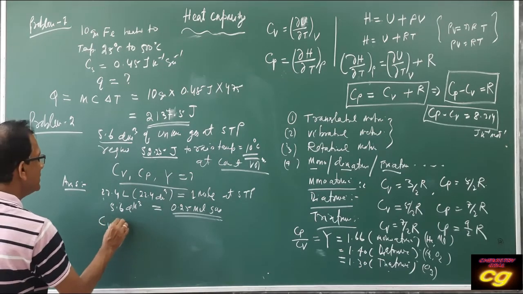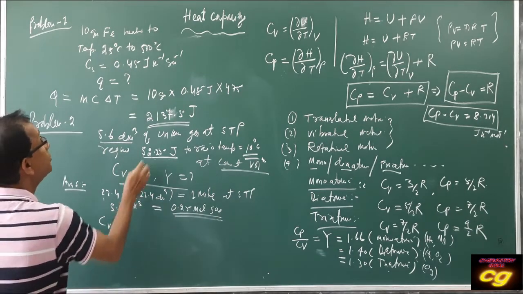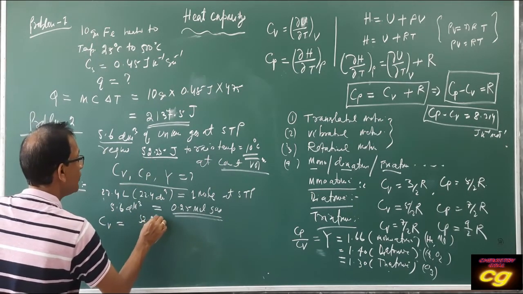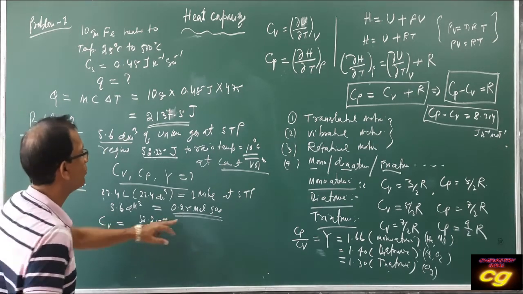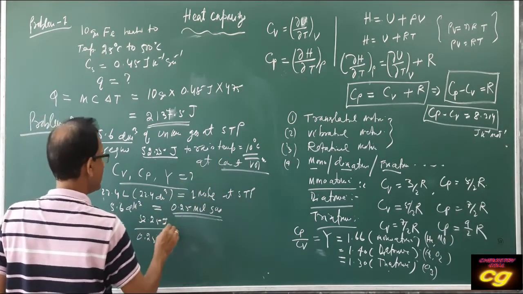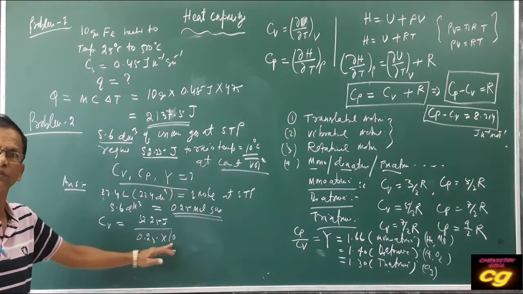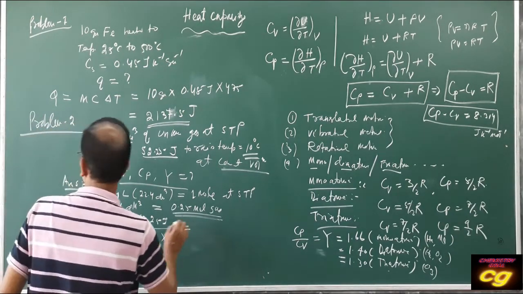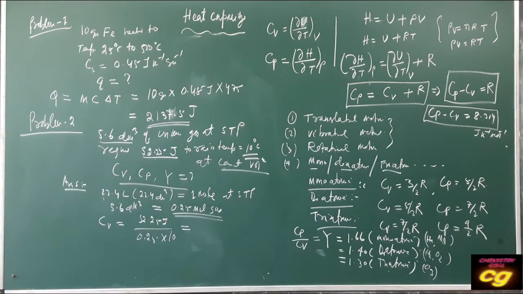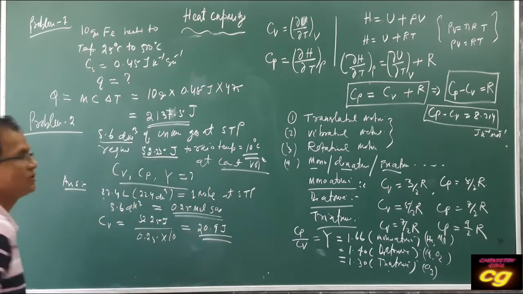At constant volume, Cv is equal to Q upon n into delta T, that is 52.25 joule divided by 0.25 mole into 10. Calculating, the answer is 20.9 joule. This is the Cv value.